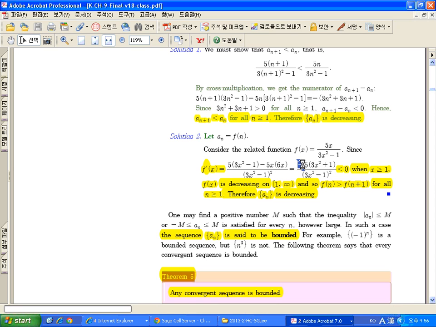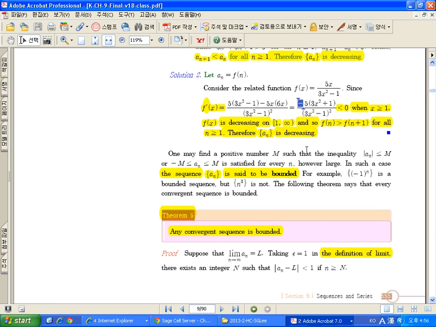So if you multiply by -5, it is always negative for all positive x. So we can determine that f of x is decreasing on the interval from 1 to infinity, which tells us that the sequence is decreasing too. So there are several ways of showing whether a sequence is decreasing or increasing.